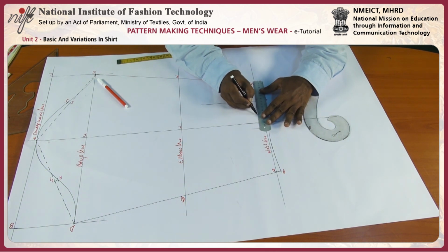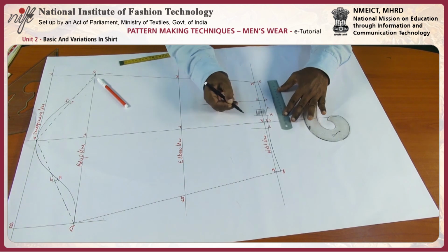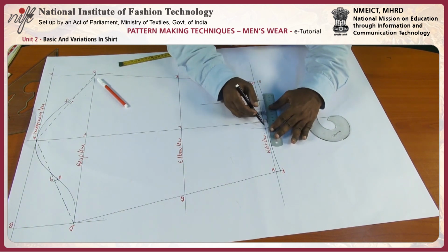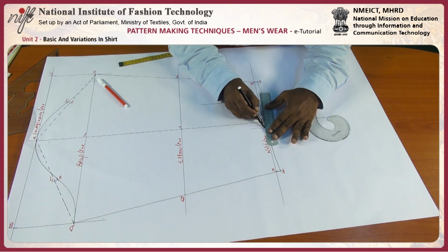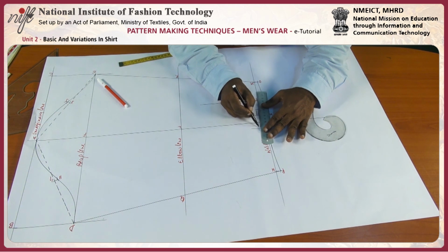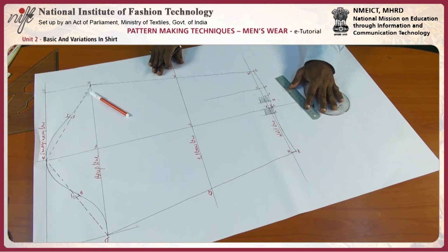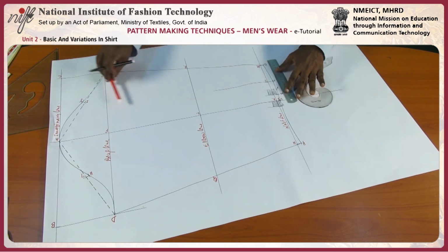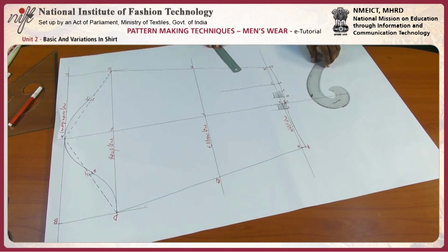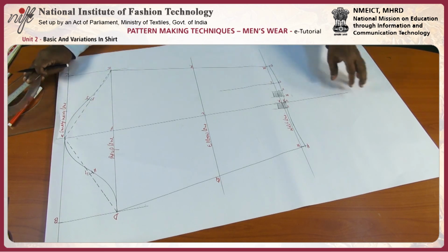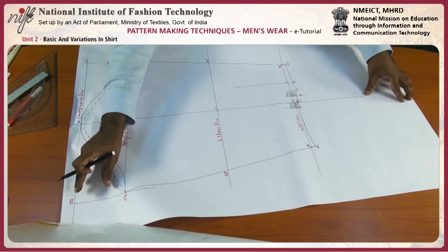This can be shaded like this so that these shades indicate the pleat allowance, which can also be shown with direction, or it can be indicated.